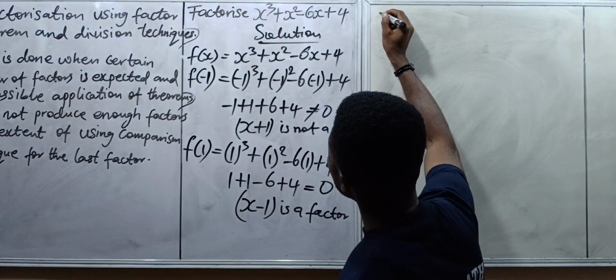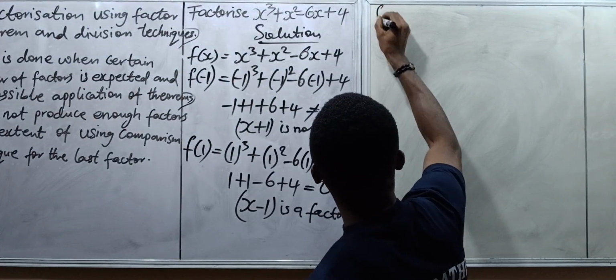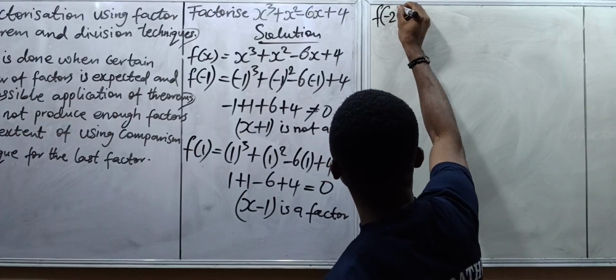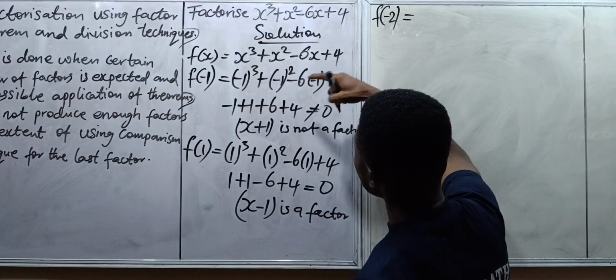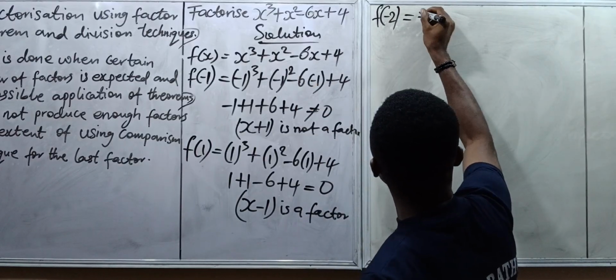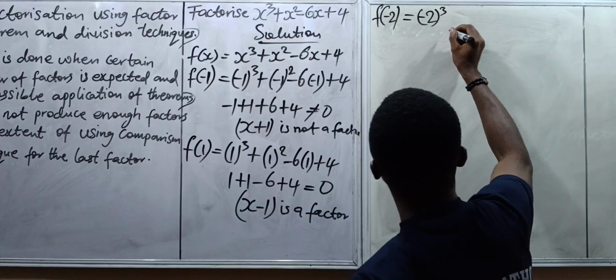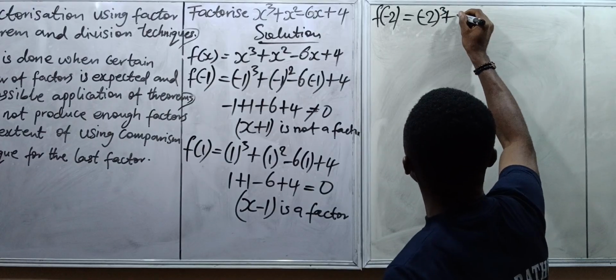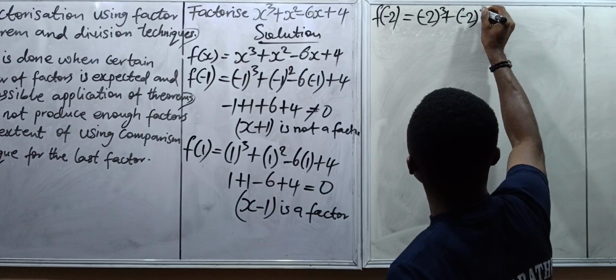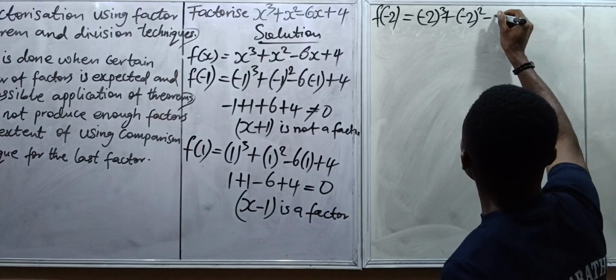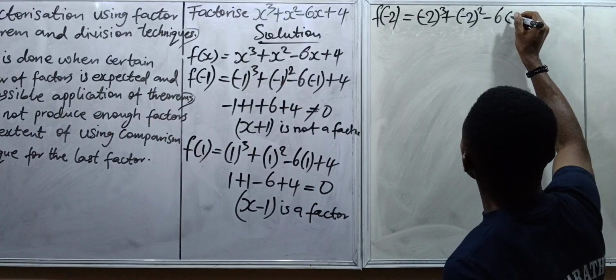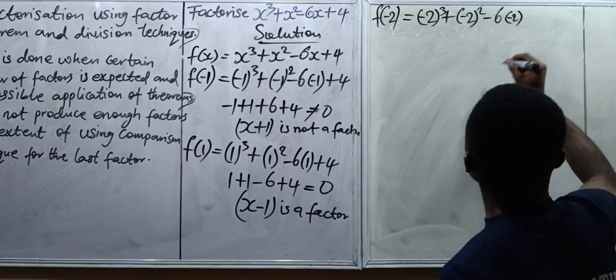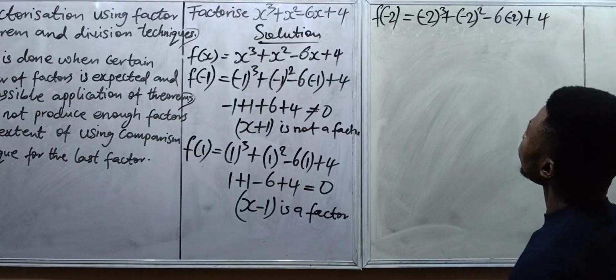Now let's go over to 2. Let's substitute f of minus 2. F of minus 2 will give us minus 2 to the power 3, plus minus 2 to the power 2, then minus 6 into minus 2, and then plus 4.